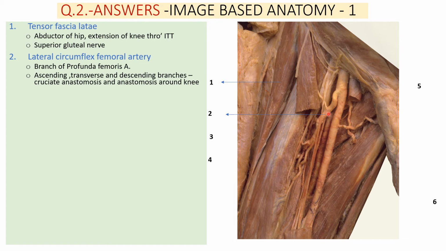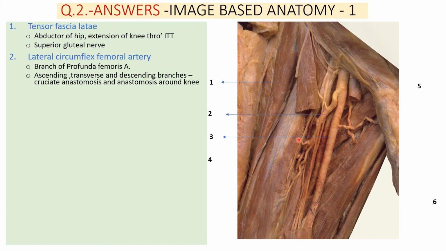And then coming to the branches of it, it will give the ascending, transverse and descending branches that take part in the cruciate anastomosis above and anastomosis around the knee joint below. So this should stimulate you to read about the lateral circumflex femoral artery and the anastomosis, that is the cruciate anastomosis and anastomosis around the knee.